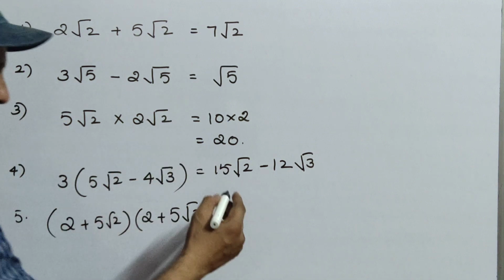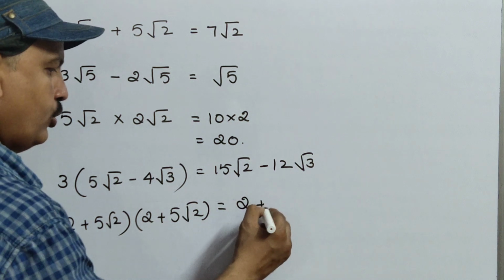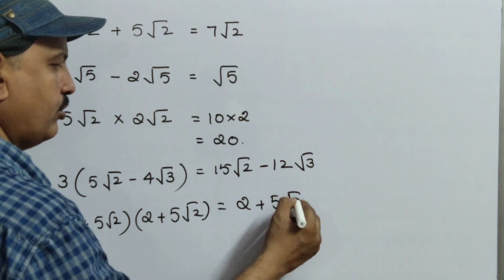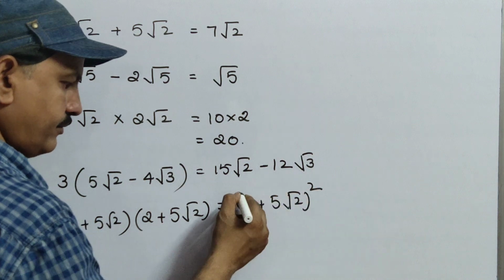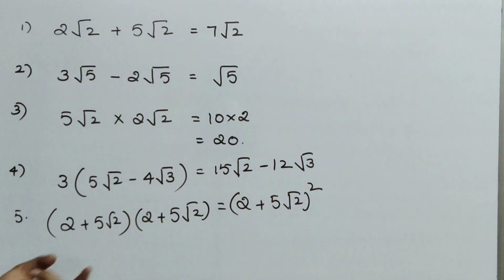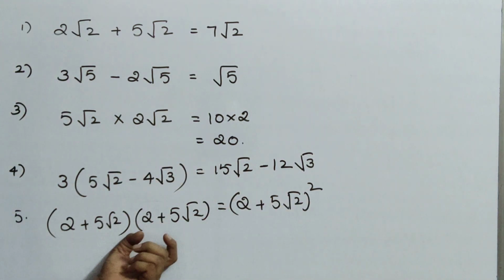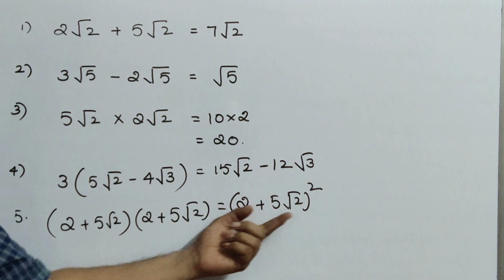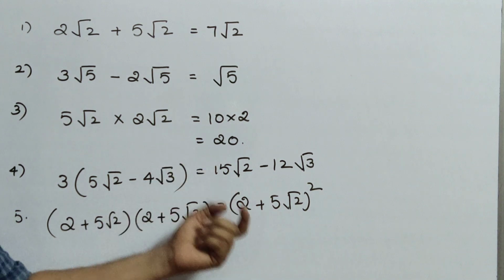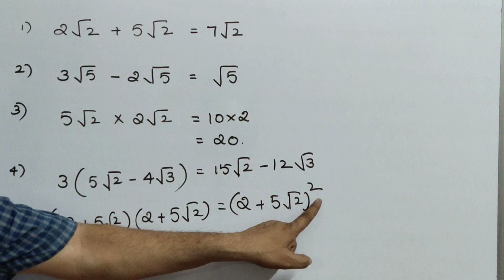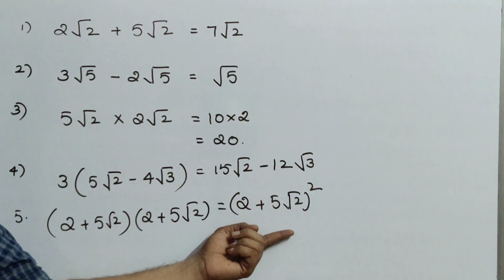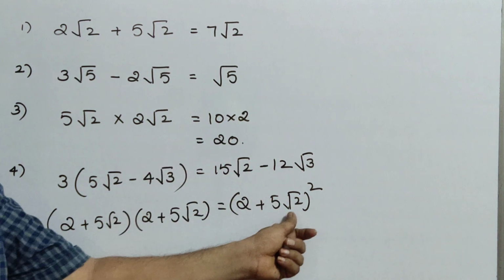So we have a chance of writing it this way: 2 plus 5 root 2 whole square. Now again, this is not the solution. If you clearly observe here, square, that means again we have to simplify this one.